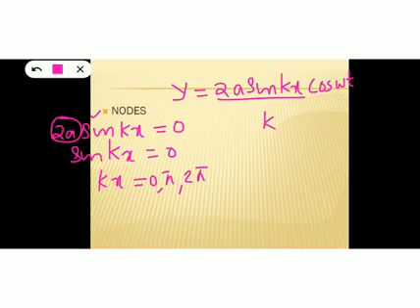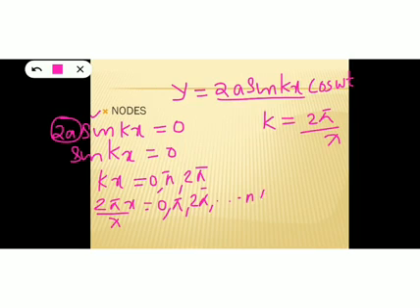And you know k is the wave number, denoted by 2 pi by lambda. So instead of k we can substitute 2 pi by lambda, into x equal to 0, pi, 2 pi, etc. We can write n pi. This is the general condition. So 2 pi x by lambda equals n pi.